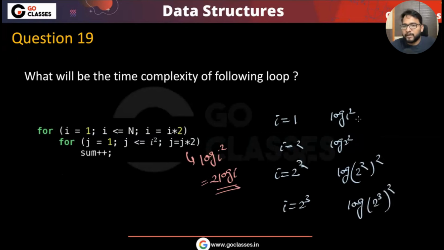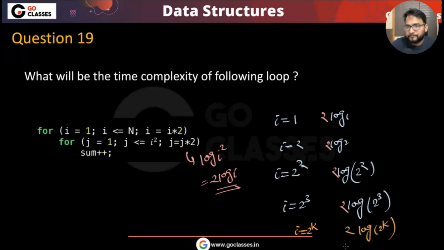Actually, this square doesn't matter. Maybe I can simplify this as 2 log I. So instead of writing log I square everywhere, let me write 2 log I. And then finally, I will be 2 power k, then it will be 2 into log 2 power k.